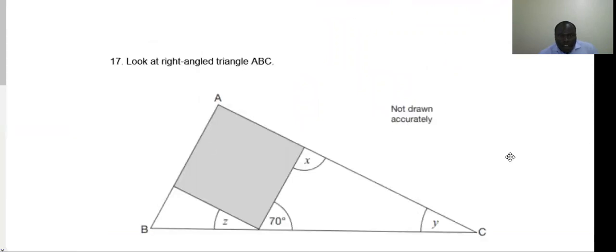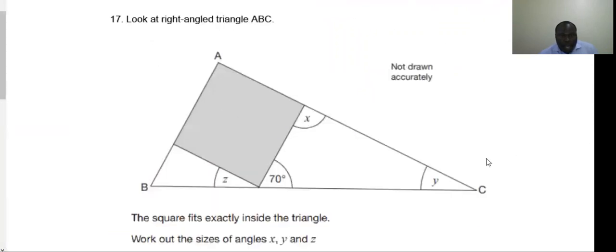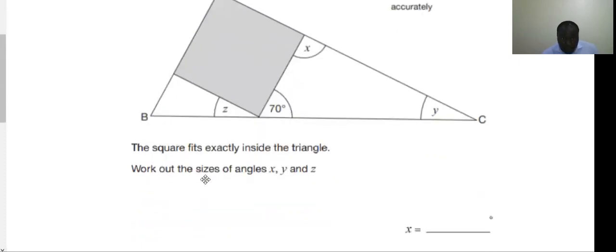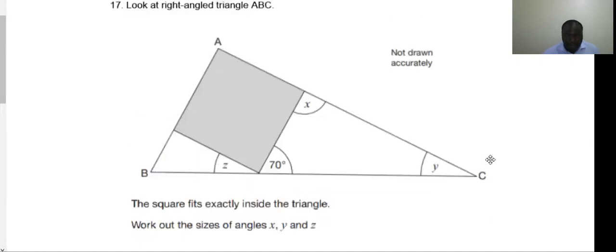Oh, wow. This angle question. Okay. Look at the right angle triangle ABC. The square fits exactly inside the triangle. Okay, there we go. That is a square. What are the sizes of angles X, Y, and Z? Okay.